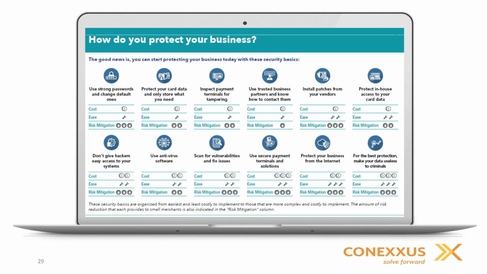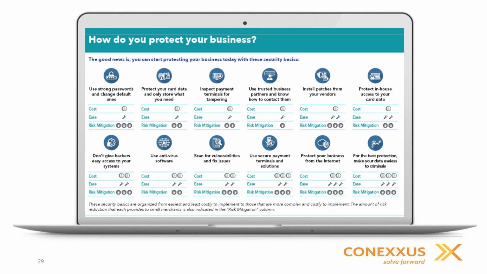But this chart shows some of the key areas that the Guide to Safe Payments focuses on. It's categorized by cost, indicated by a coin, the ease of implementation, indicated by a wrench, and the risk mitigation value, indicated by a hand.